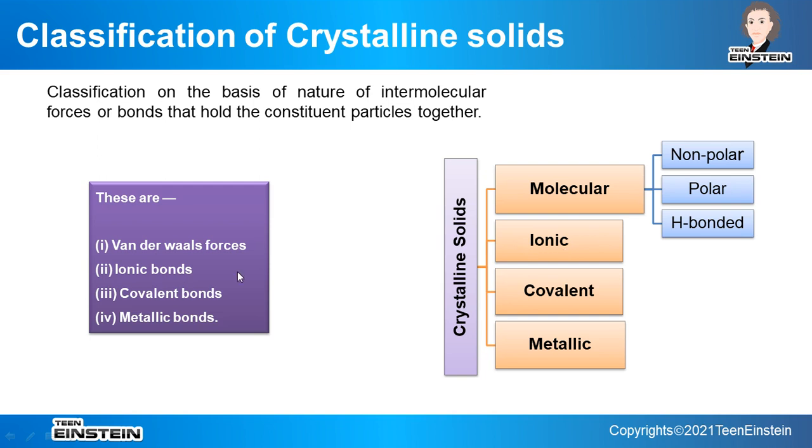Then if there is covalent bond present, we will have covalent crystalline solid, and at last, number 4, if there are metallic bonds present, then it will be metallic solid. Okay, so these are the 4 types, but first is molecular solid, that we will discuss in detail, and under this category we have 3 more classifications: non-polar, polar, and hydrogen bonded.